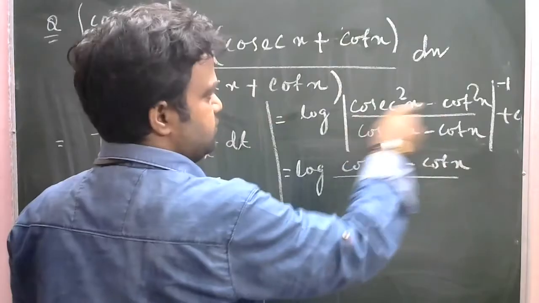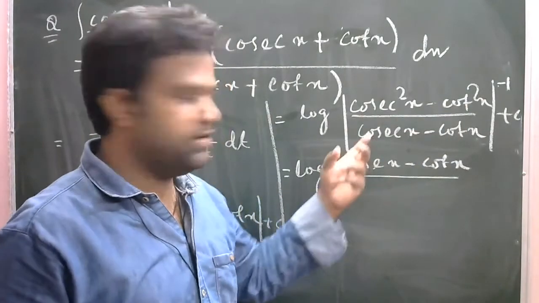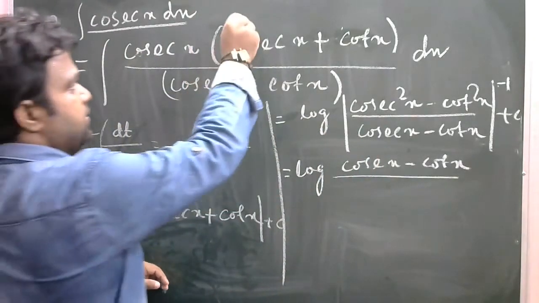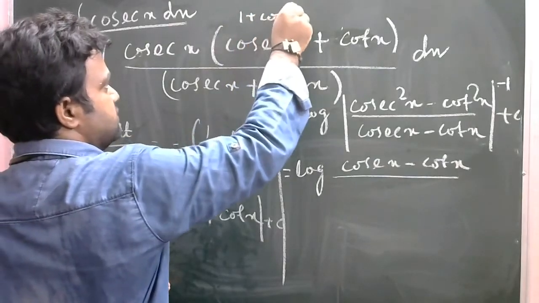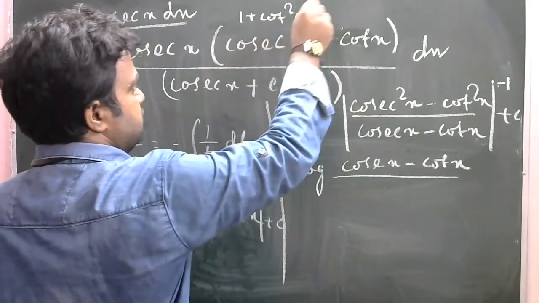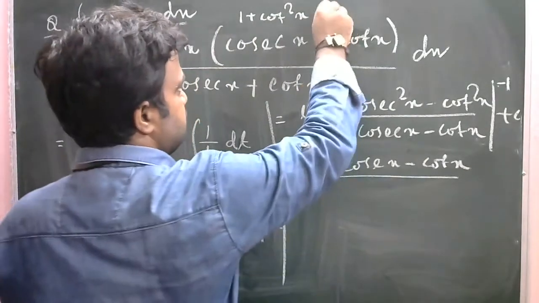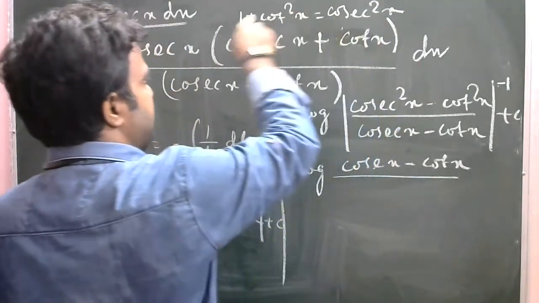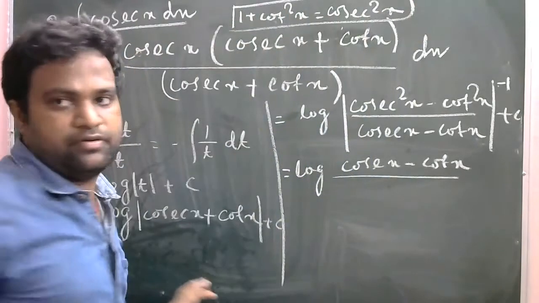By cosec square x minus cot square x, which is what? 1, right? If you remember the identities, 1 plus cot square x is cosec square x, or cosec square x minus cot square x is 1.